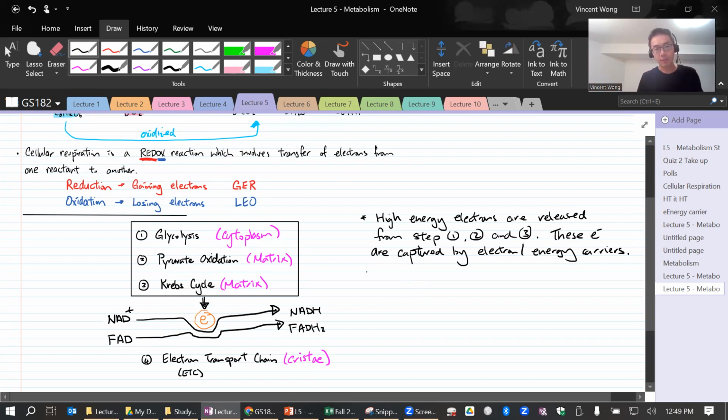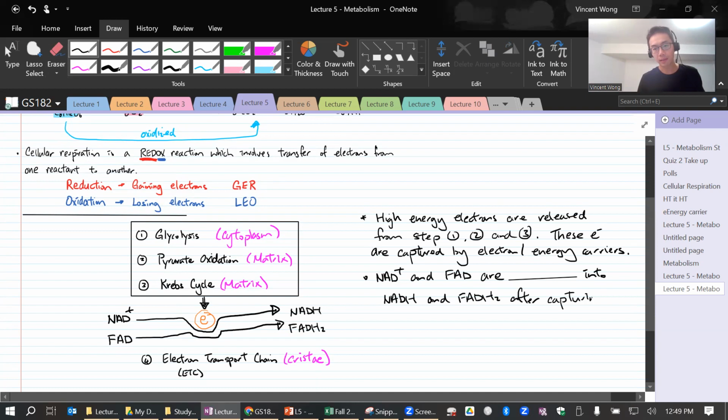Okay, so basically I can write down here: NAD plus and FAD are blank into NADH and FADH2 after capturing electrons from the first 3 steps.